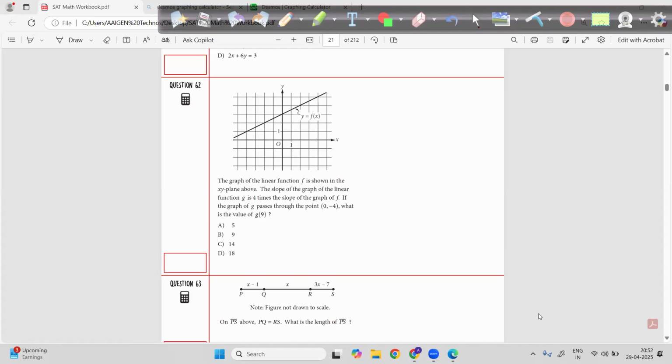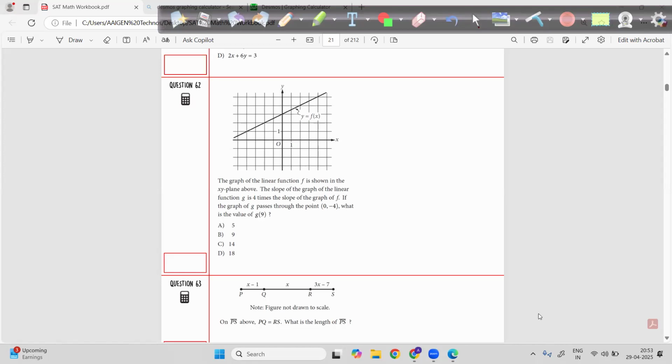If not, I'm going to explain how to solve this.